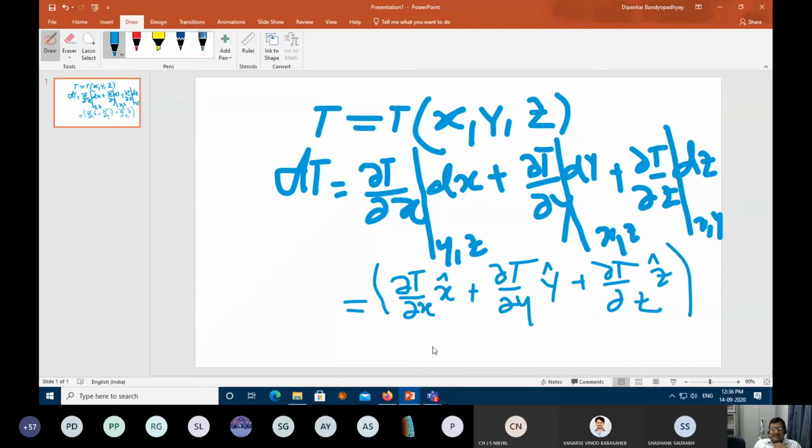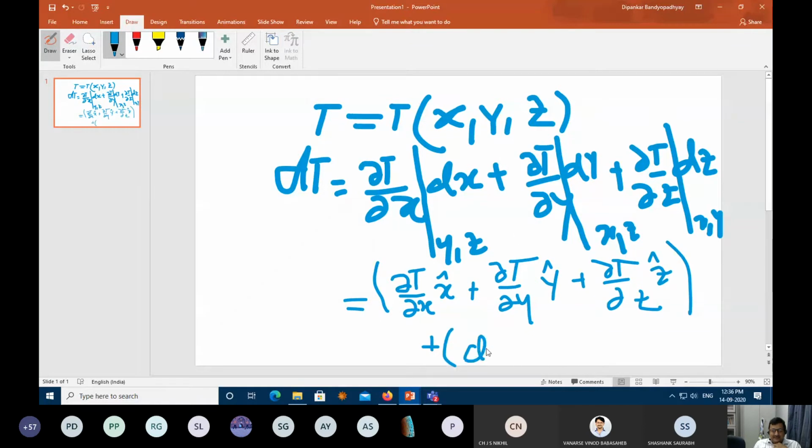Correct? Whereas the other part, what you can write is dx into x cap, plus dy into y cap, plus dz into z cap. This is what is happening here.